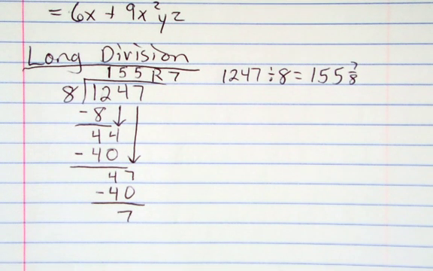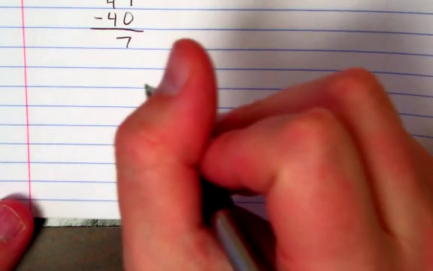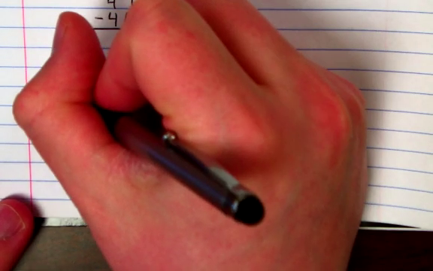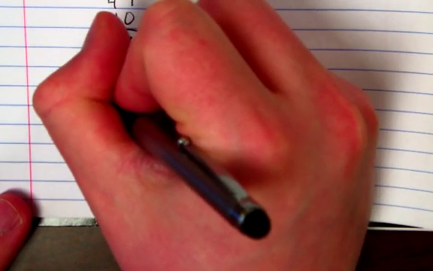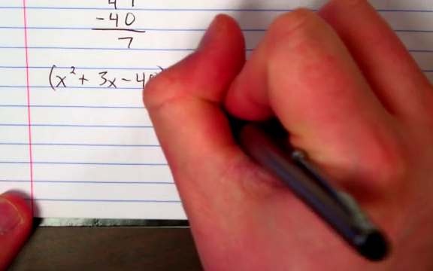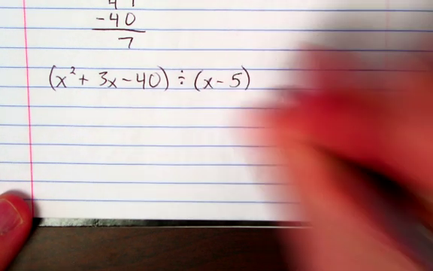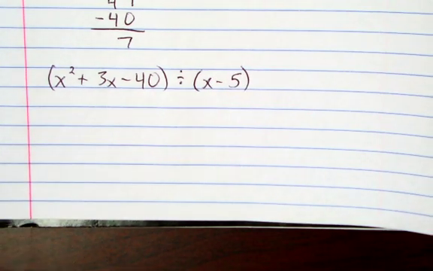Okay, I'm going to use a very similar process, same type of process, to divide polynomials. So I'm going to take x squared plus 3x minus 40, and I'm going to divide it by x minus 5. I'm going to set this up as long division.